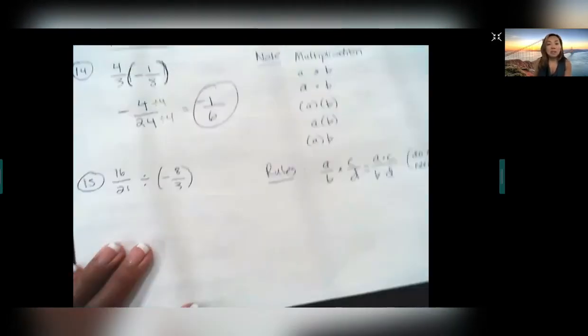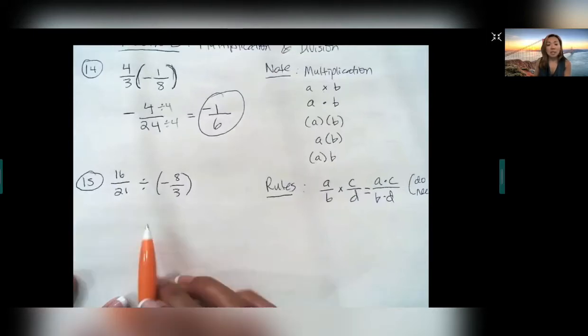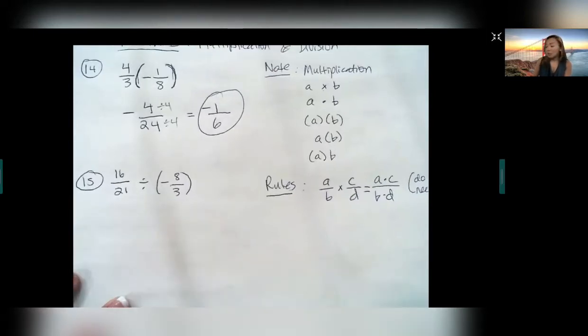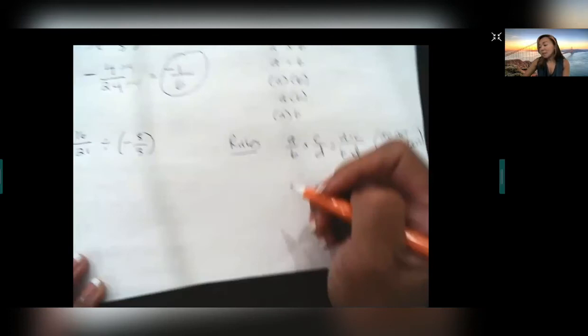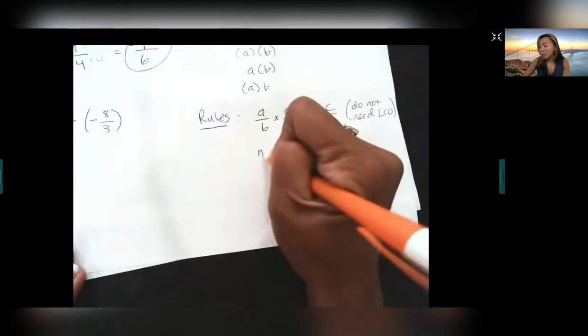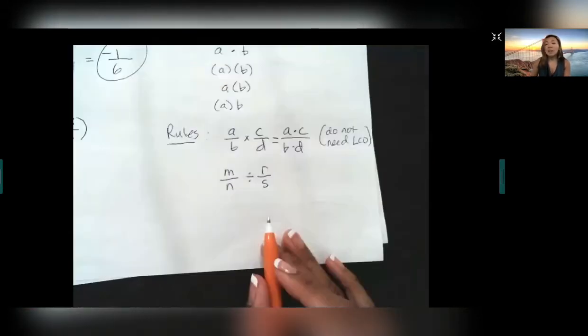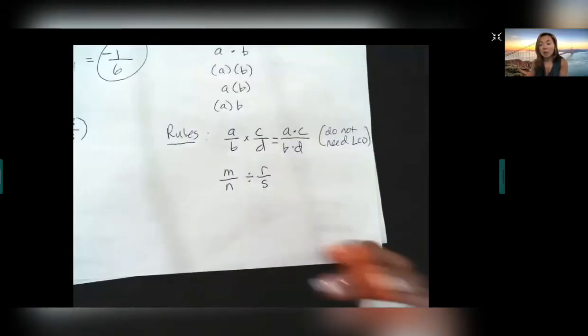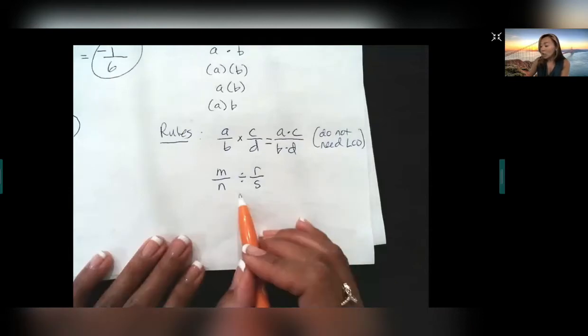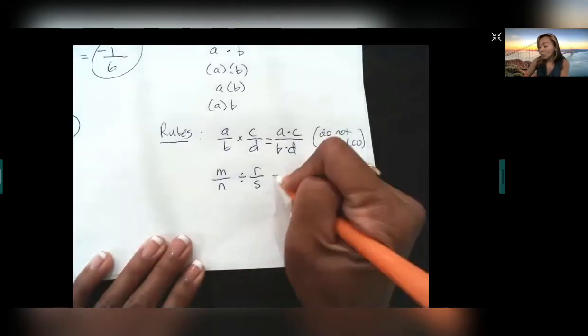When we're talking about dividing fractions, there's only one extra step. The step is this. If I change up the letters, M over N divided by R over S, I write letters just to represent any arbitrary number. You want to change this to multiplication.